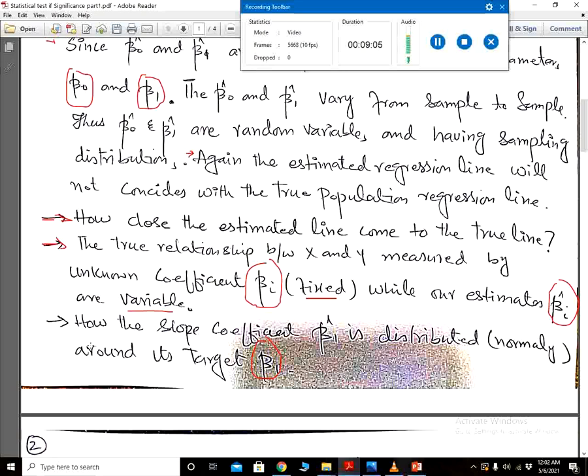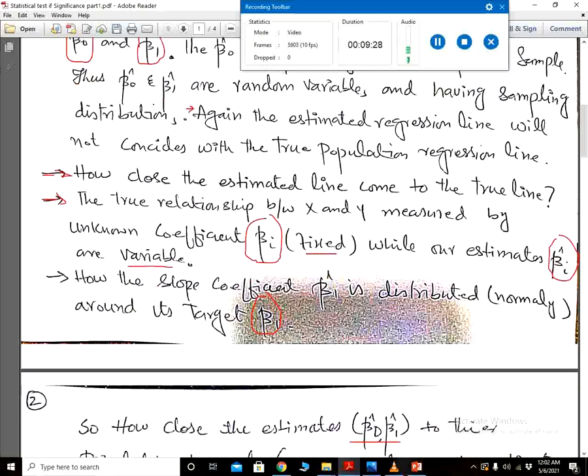So we can say that the slope coefficient beta 1 hat is normally distributed around the mean beta 1, with a constant variance, and if it is a standard normal distribution, that variance will be unity, equal to 1.